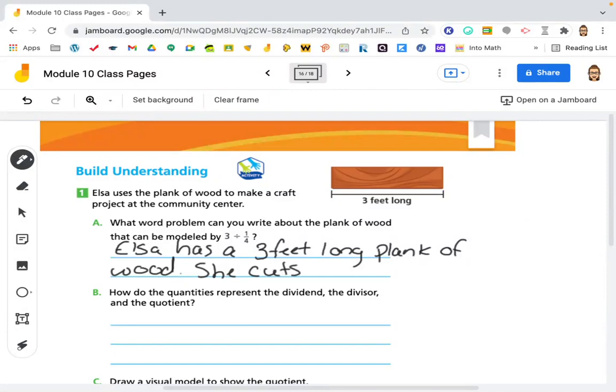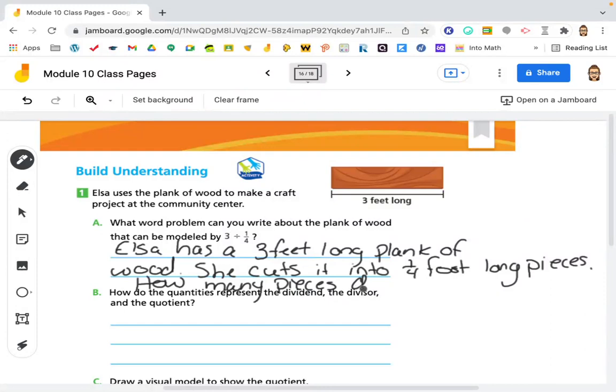She cuts it into 1/4 foot long pieces. How many pieces does she have?